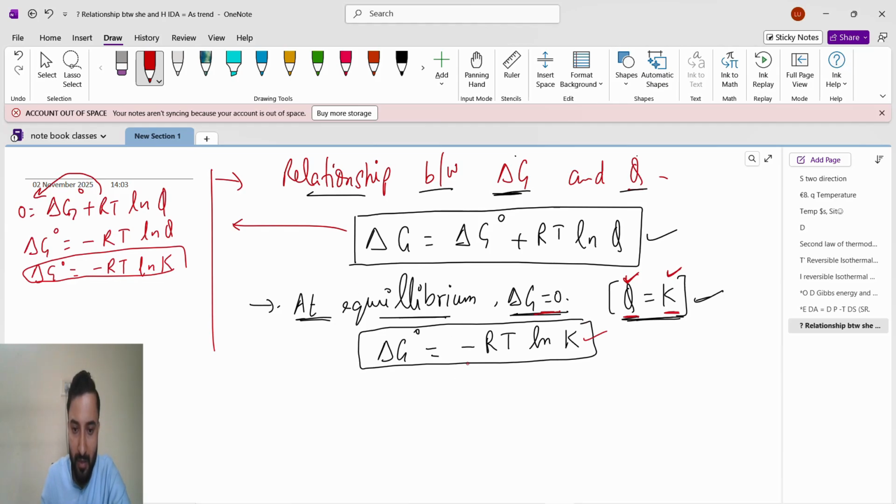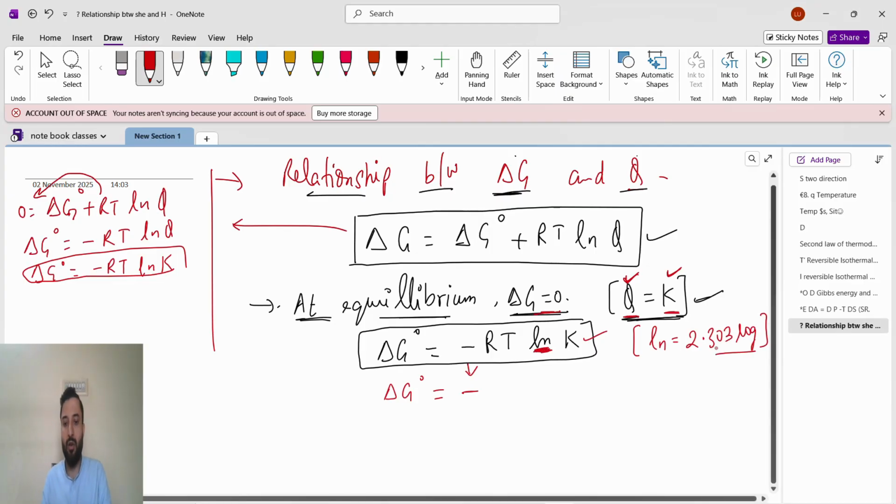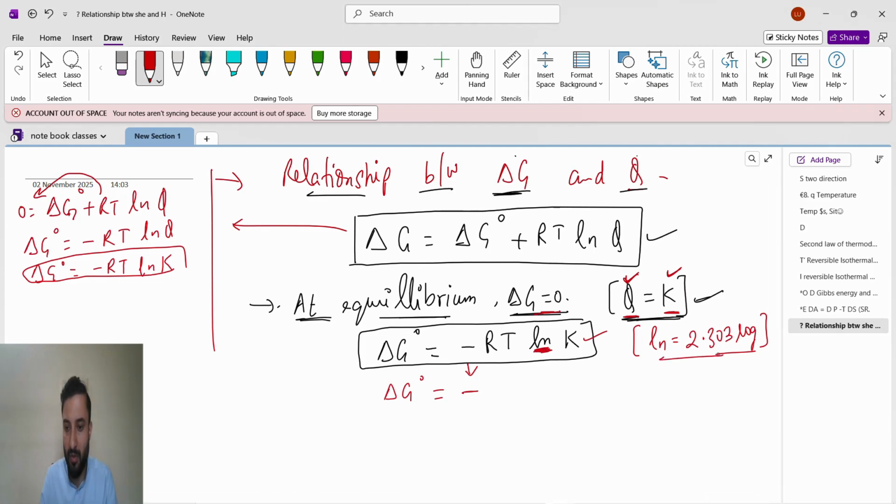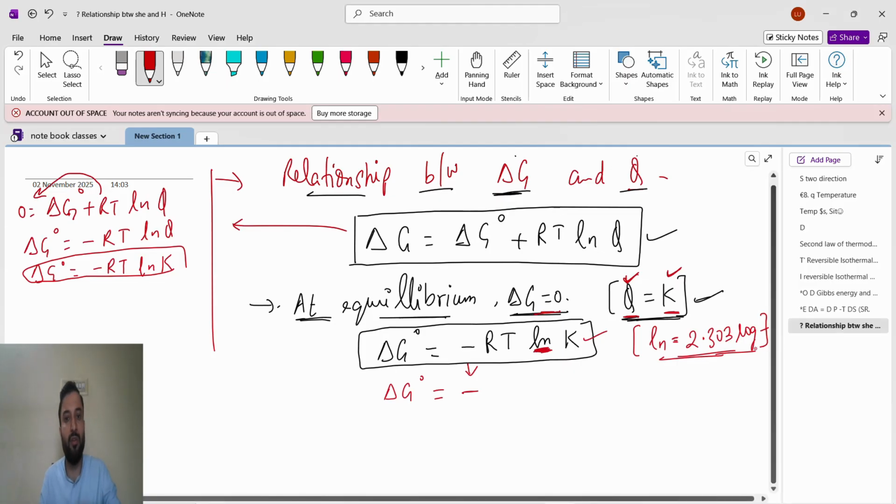Guys, see, if we want to remove this ln, what will come? I will show you. Delta G, minus will remain as it is. If we want to remove ln, the natural log, in place of natural log we will get 2.303 log. So the formula is ln equals 2.303 log.